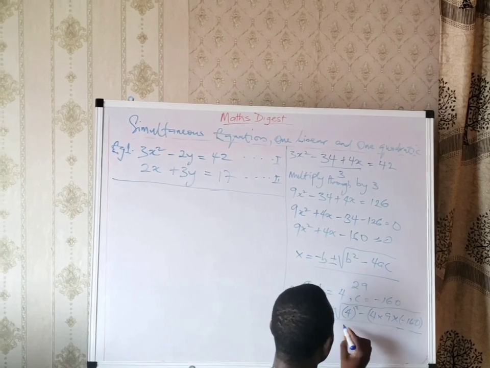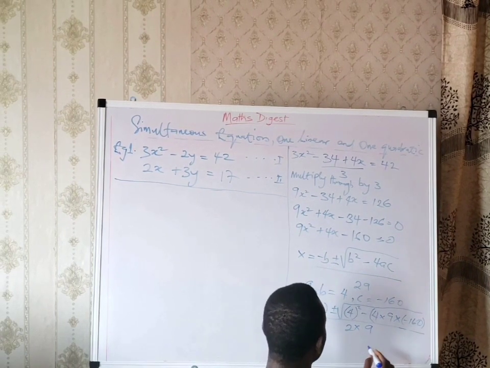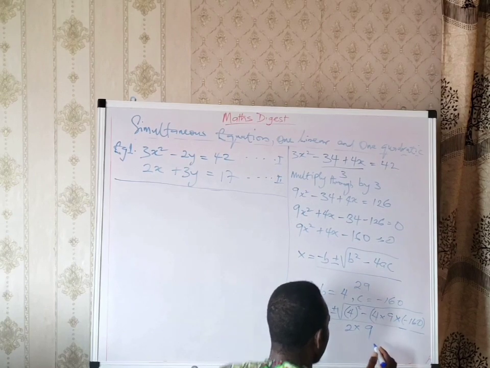Now we have 2 times a, a is 9. All right, so 9 here.